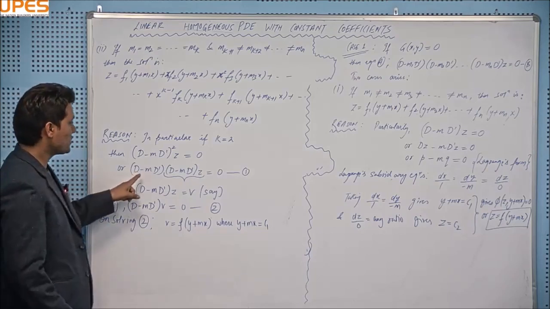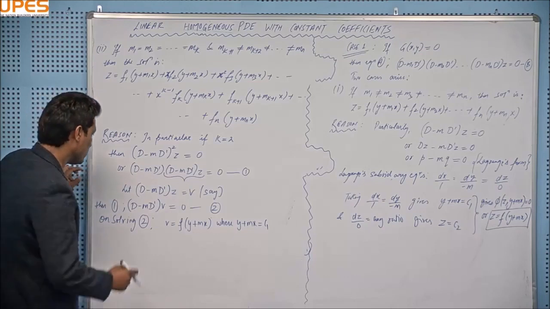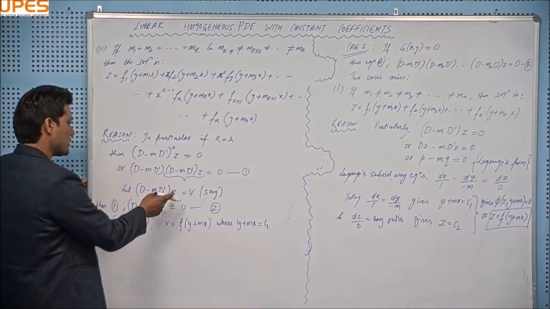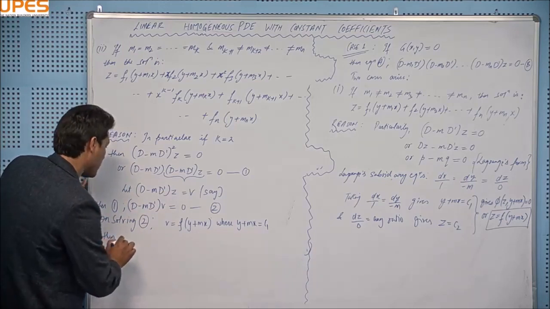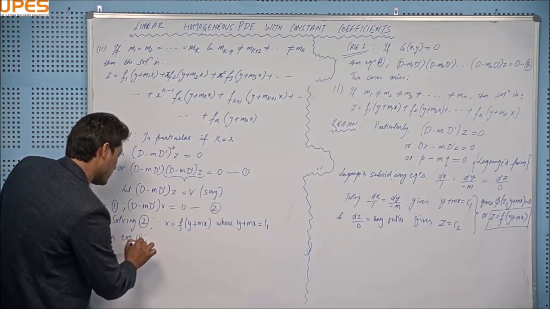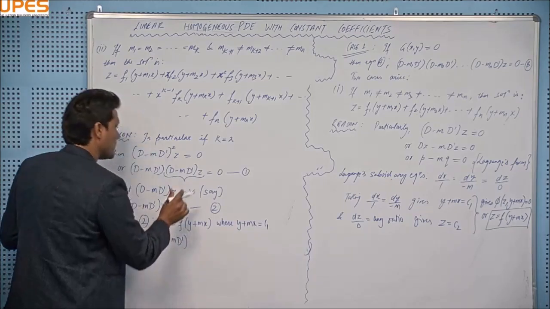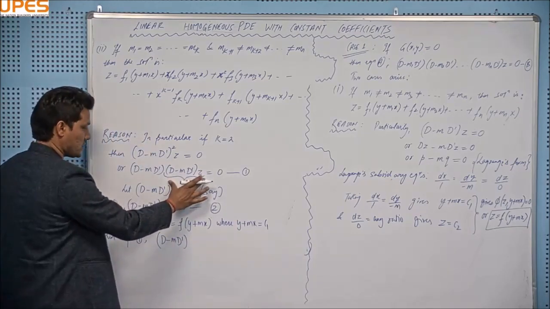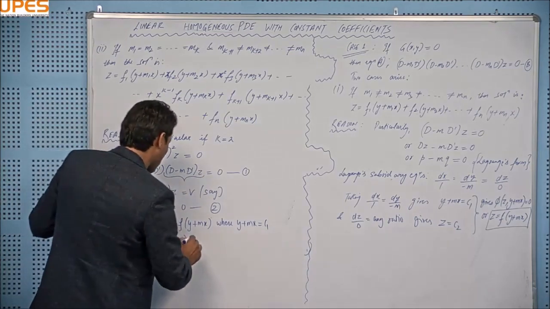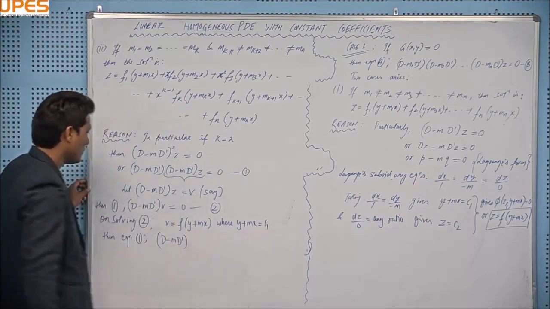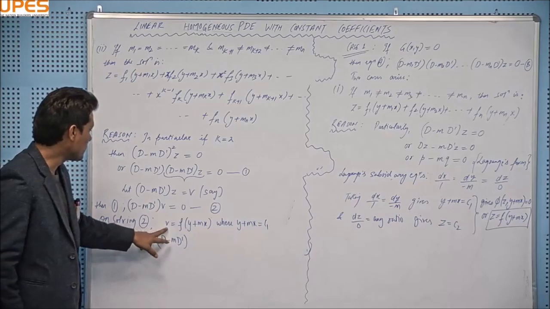Then my equation number 1 becomes (D − mD') operated on this thing, but this is a small v. No, we do not move again to equation number 2, that is wrong. I found v in terms of this.